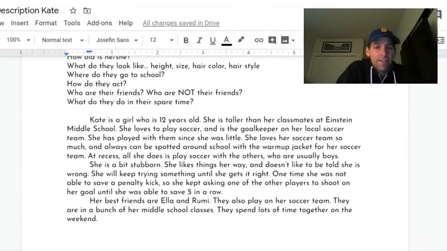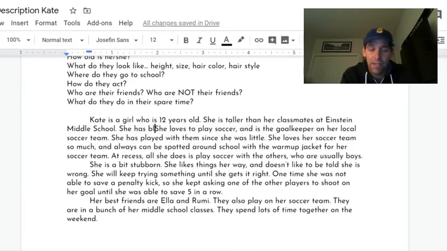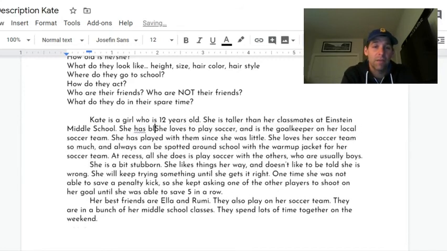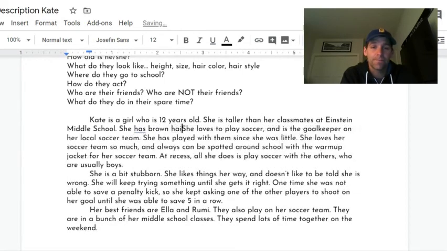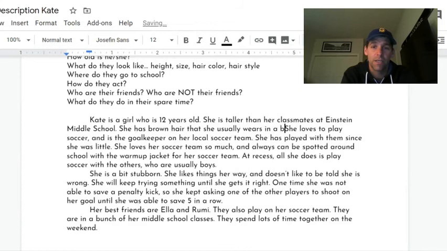Here, as I look back through this, there are things that I can't picture about her. I can picture what she does, but I can't really picture her. She's taller than the classmates of mine in middle school. She has blonde hair. I've got to go back in. I've got to add some of the description. Blonde hair. I think I said brown before. I'm going to go change it. Brown hair. That she usually wears in a ponytail.